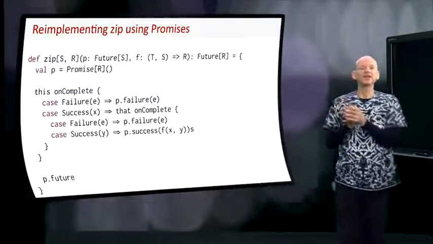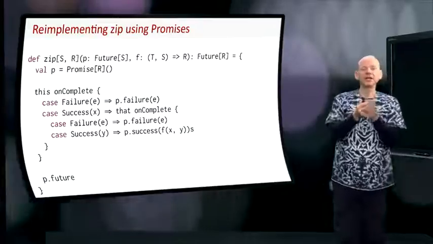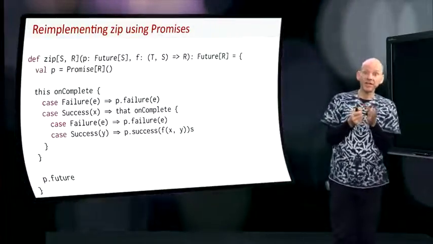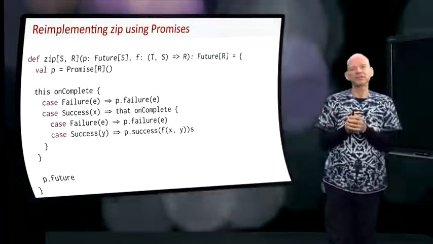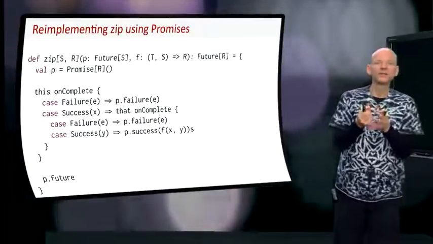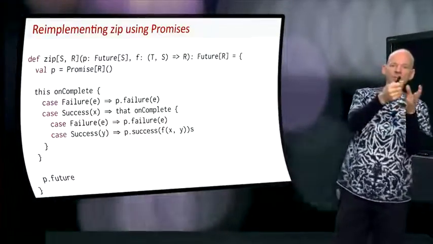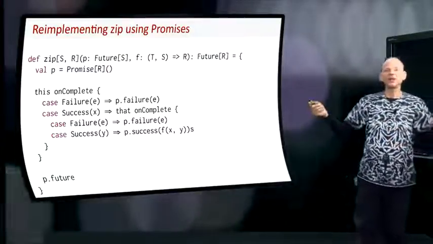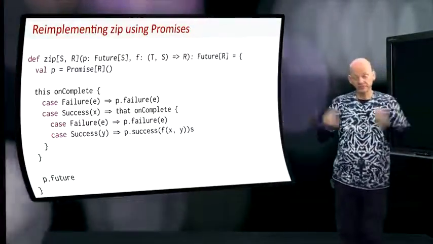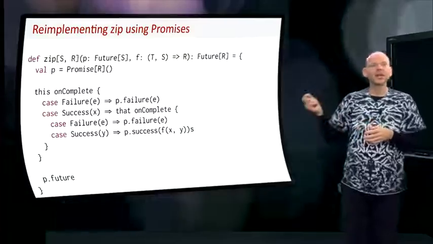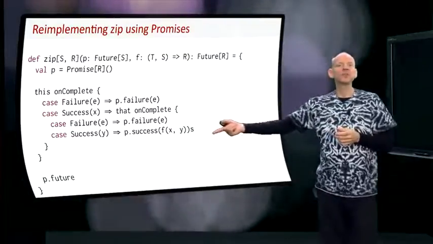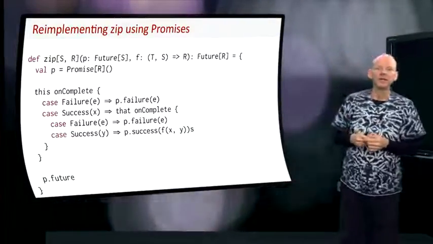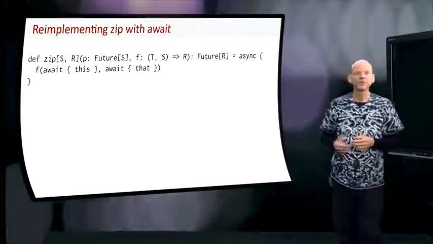And if that completes, we look at whether that's a failure. Then we complete the promise with a failure. If it succeeds, we now have two values in our hands, the result of the first promise and the result of the second promise. We call the function here, and we're done.